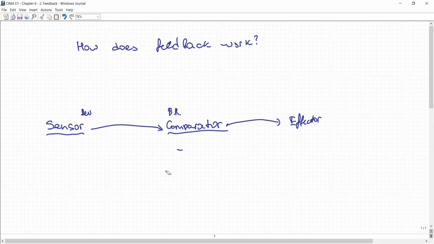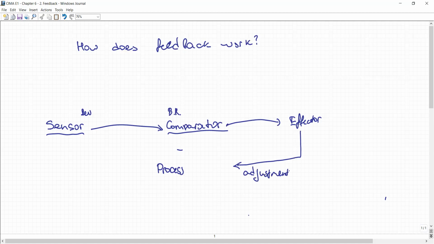Well, maybe we need to increase marketing activities. So the effector says, okay, boost the quantity of advertisement by, let's say, 20%. So the effector makes the adjustment to the process. So process, and that is adjustment.